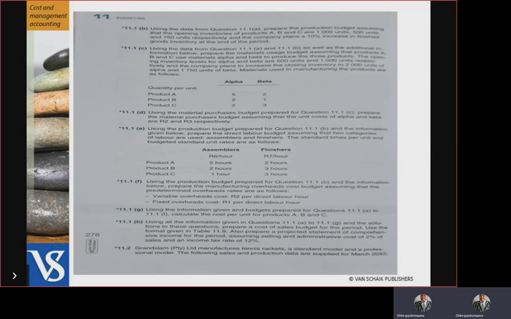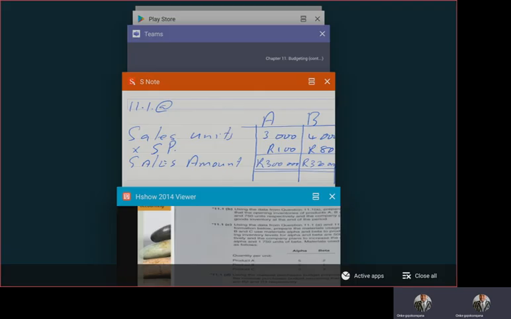So that's the information. It's a continuation from 11.1a. So we do the production budget.